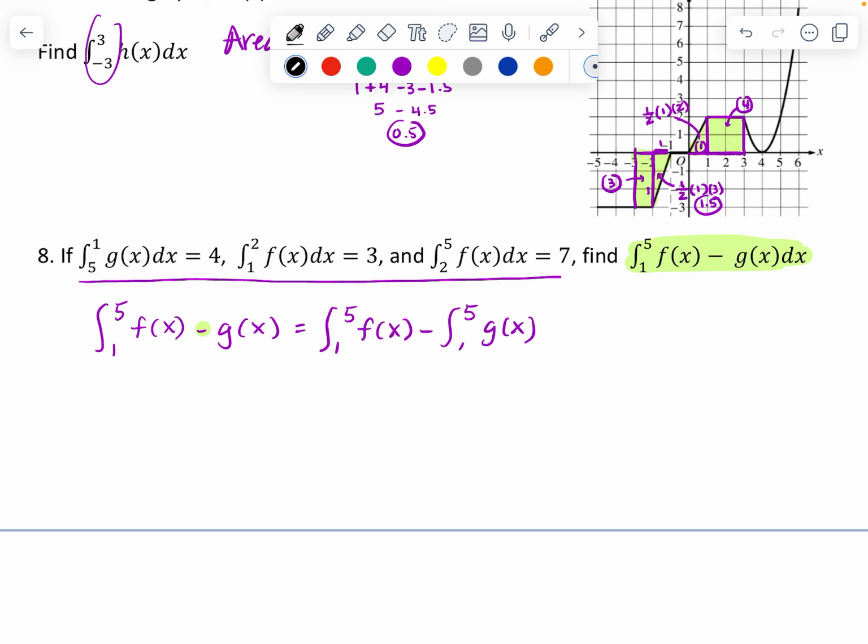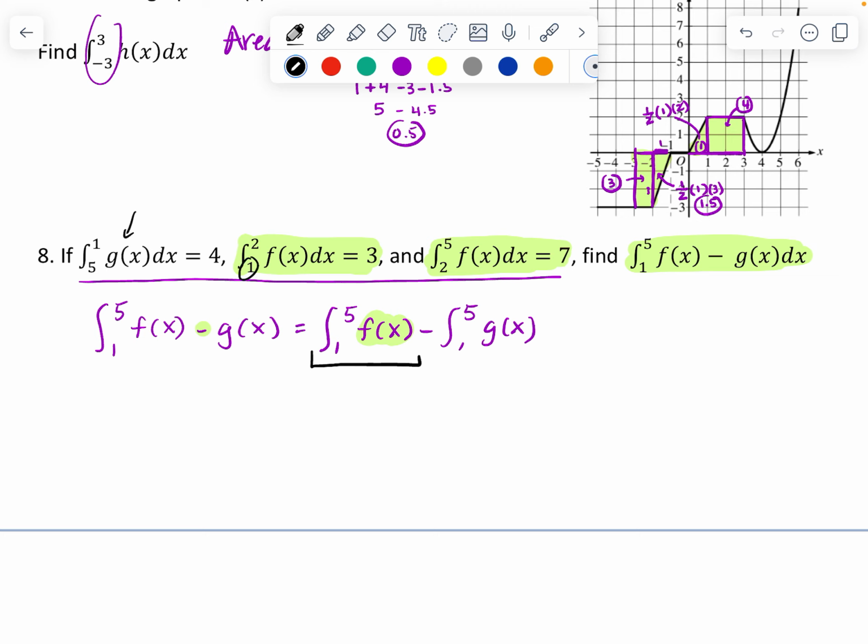Okay, let's look at the first one. I need to find the integral from 1 to 5 of f of x. So because it's f of x, I'm going to be looking at this, and I'm going to be looking at this. Those both have an f of x. This guy has a g of x, so I need to save that one for something else. Okay, so what is the integral from 1 to 5 of f of x?